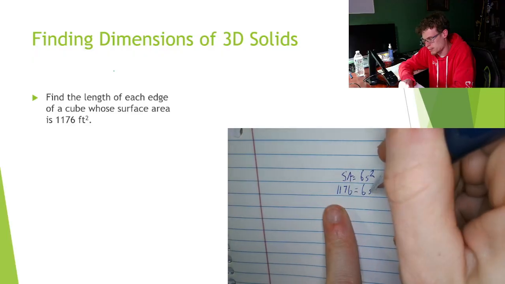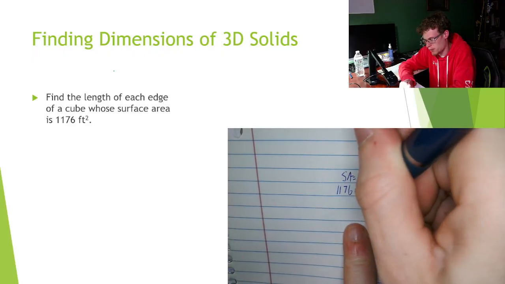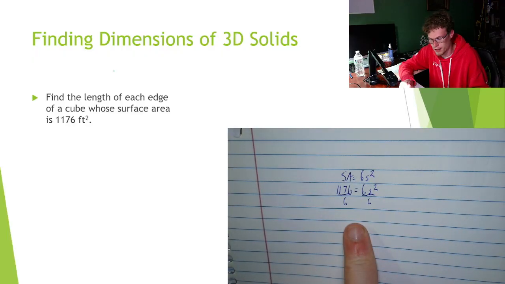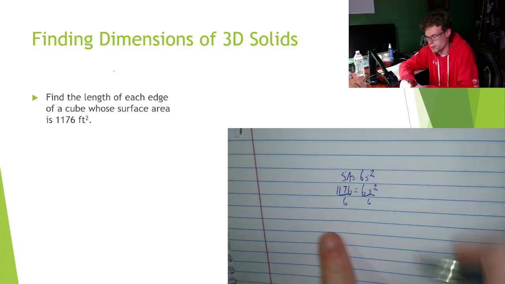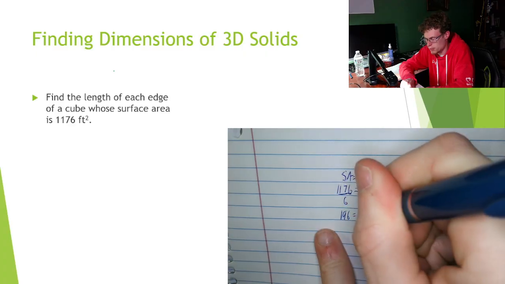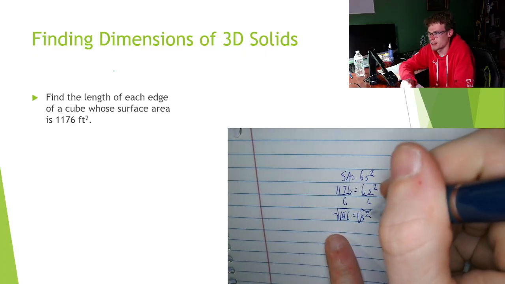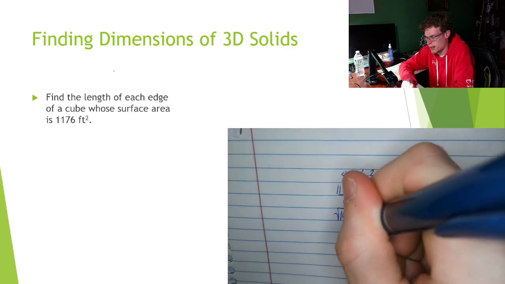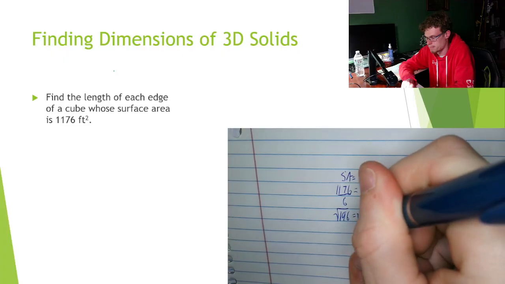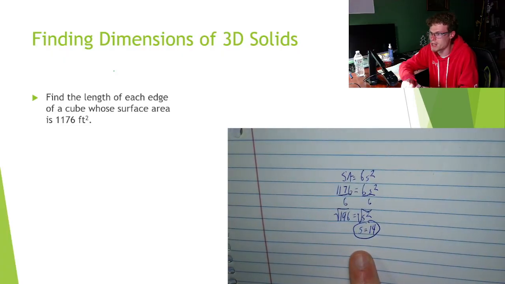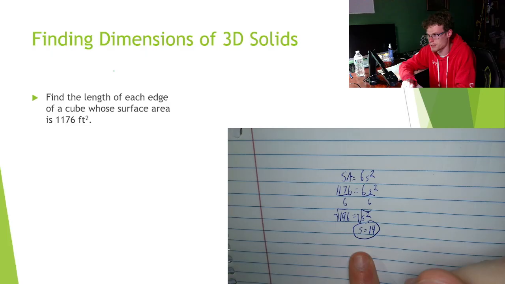I'm going to first divide both sides by 6. 1176 divided by 6 gives you 196 equals s squared. Square root of that, because that's the inverse operation for an exponent, s equals 14. Bingo. That's the correct answer for that one.